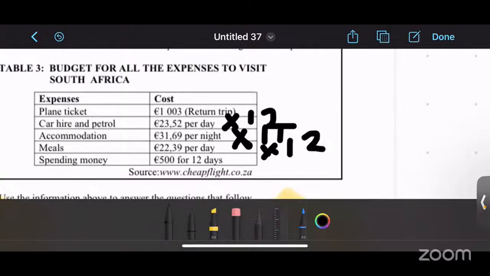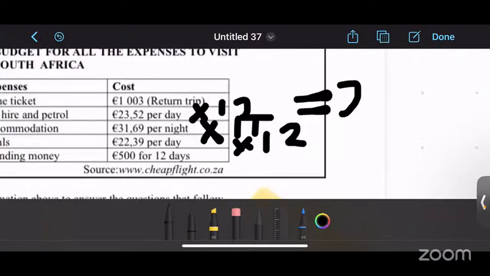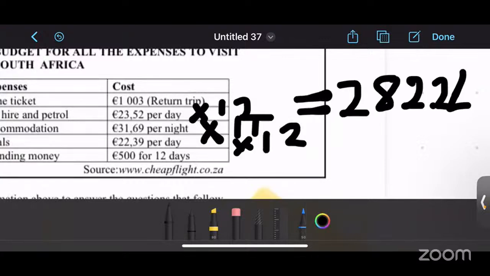Maybe let's try to redo this, because 2,000 is very far from the 7,000. 23.52 multiplied by 12, which is 282.24.